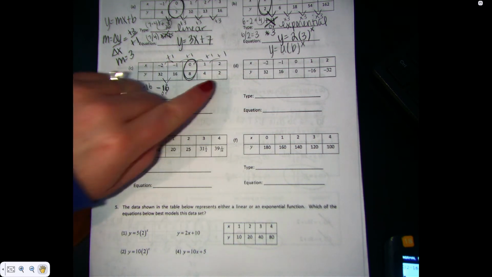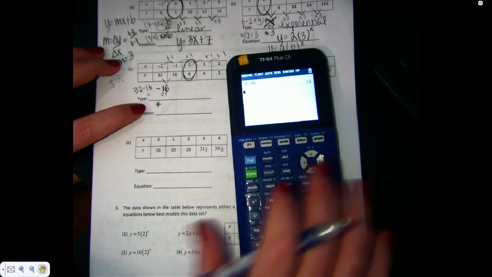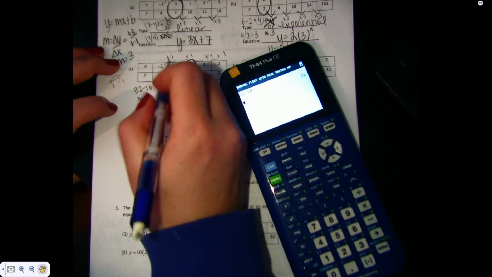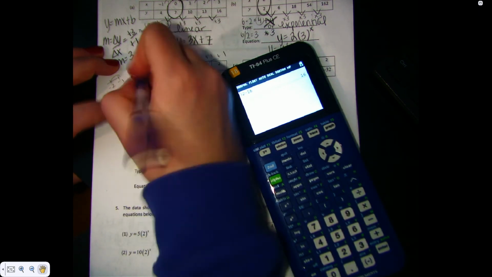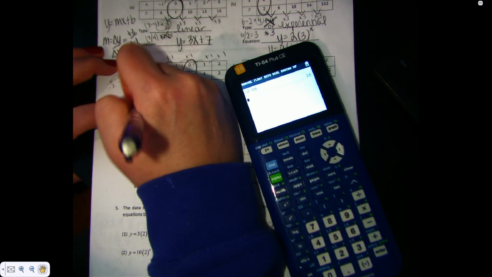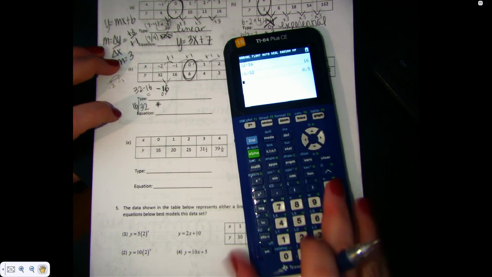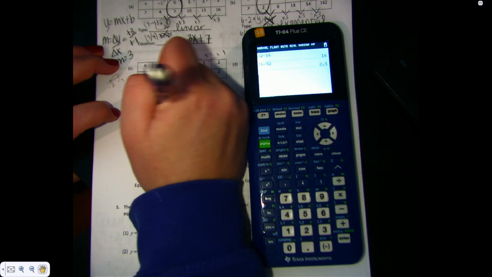I know that we're used to saying dividing here, but in our exponential equation, we don't talk about dividing. We talk about multiplying. We take the ratio of these two numbers. So I'm going to say 16 divided by 32, which is 1/2.